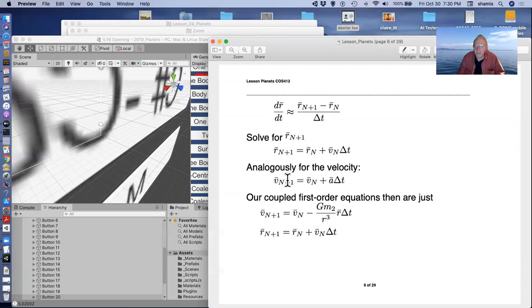And analogously for the velocity, we have v at the n plus 1th step is v at the nth step plus that acceleration F over m times delta t. So we have our coupled first order equations. And remember, these are vector equations, so we actually have an x, y, and z component of each of these.